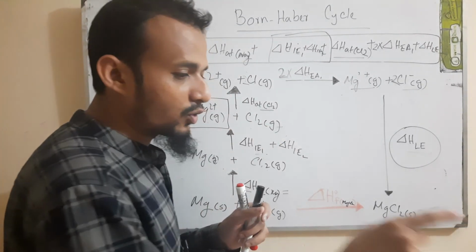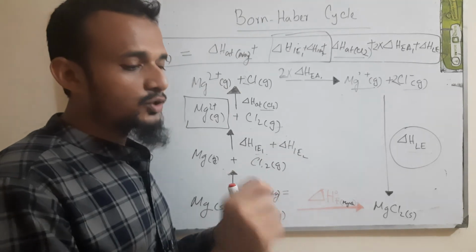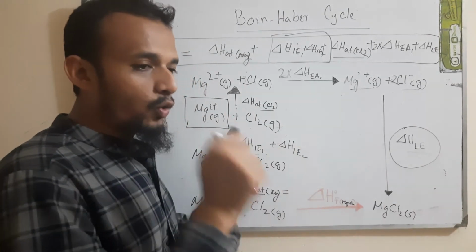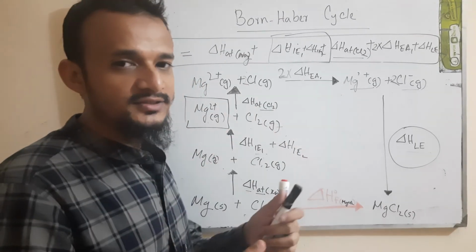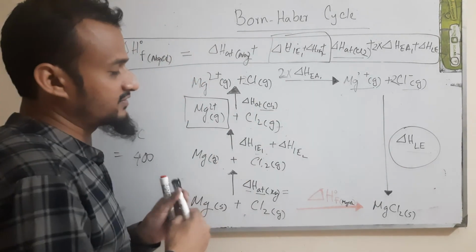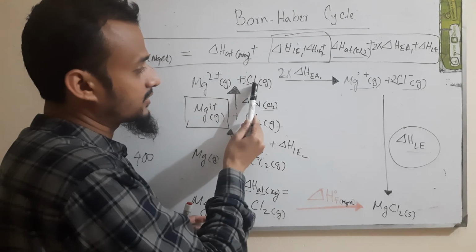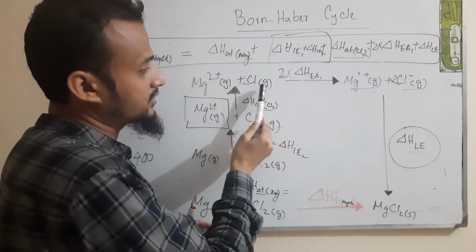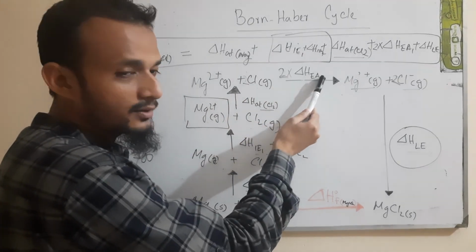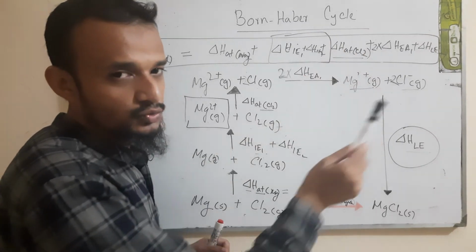Electron affinity 1, O becomes O minus. You give another electron, O minus becomes O2 minus. So in this question, if it is magnesium oxide, the value will be electron affinity 1 plus electron affinity 2.